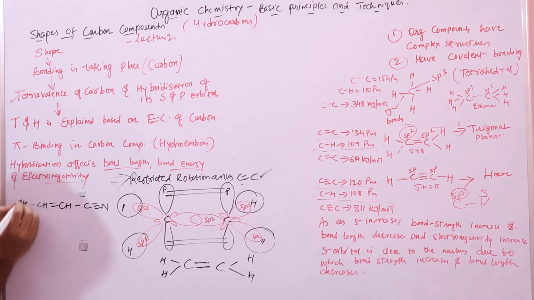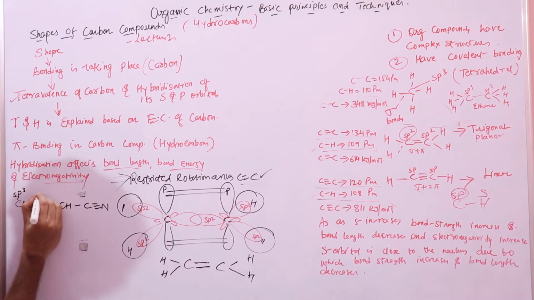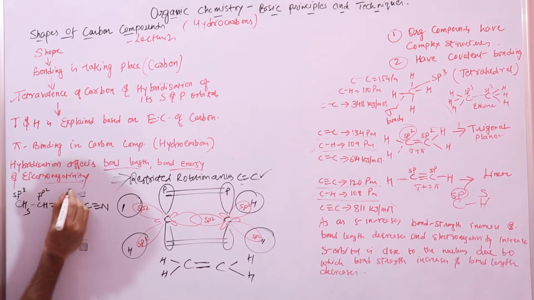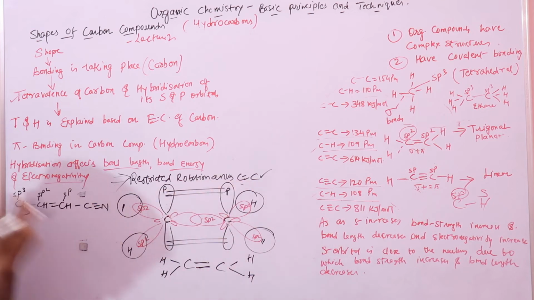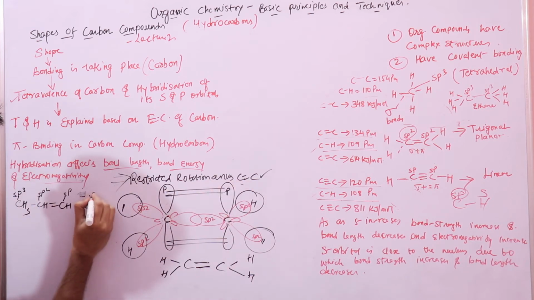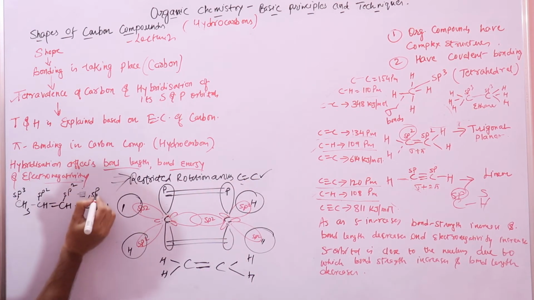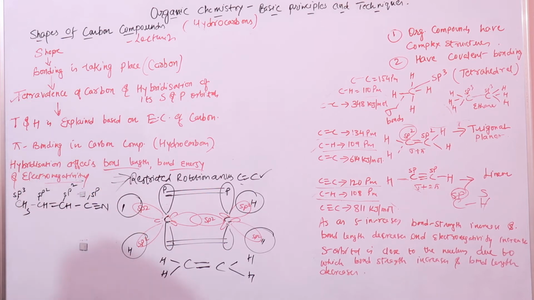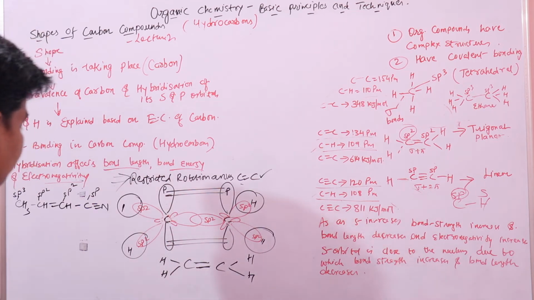Here, this carbon is sp3 hybridized. Since you have a double bond like that of ethene, this is sp2, this is sp2. Since you have a triple bond here like ethyne or acetylene, this is sp. So you have all three hybridizations in this molecule, and you can imagine its complex shape or structure.